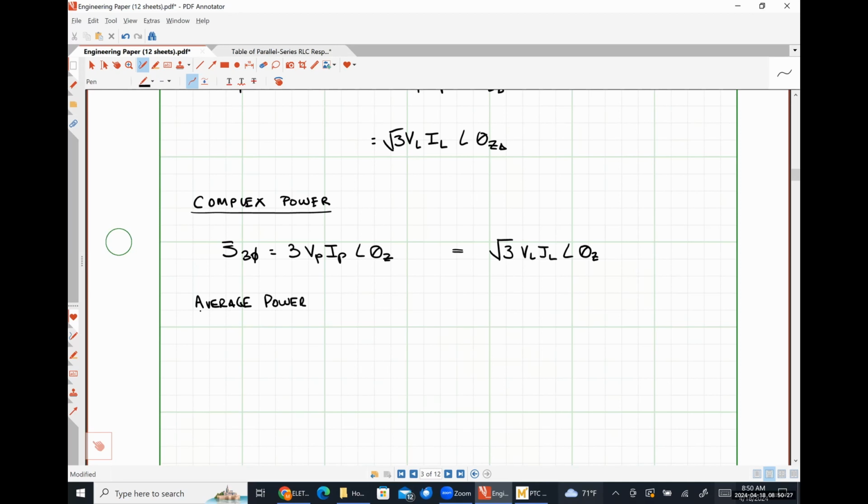The average power is just the real part of the complex power, just like it was in a single phase system.